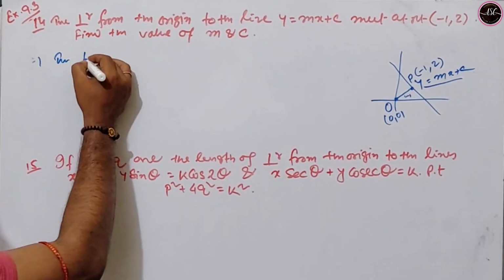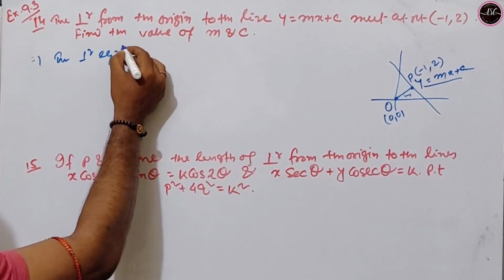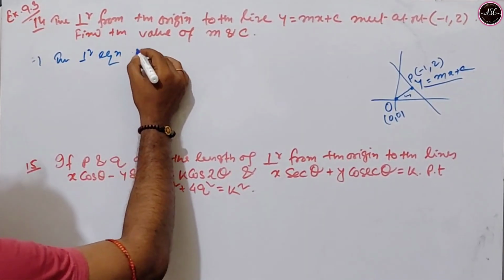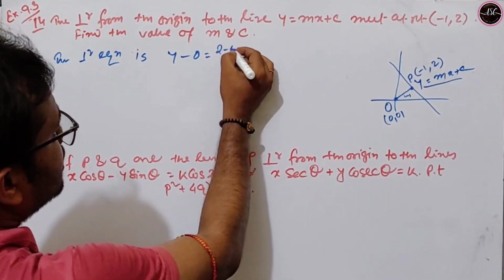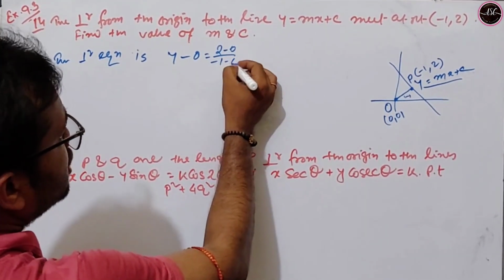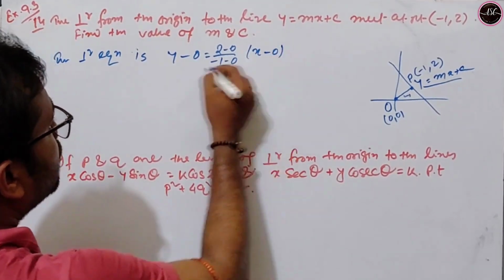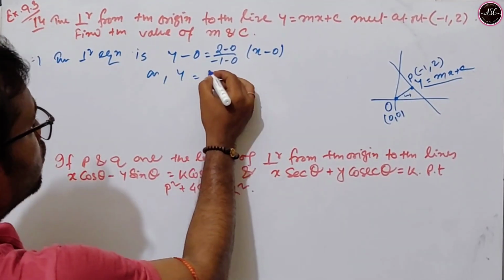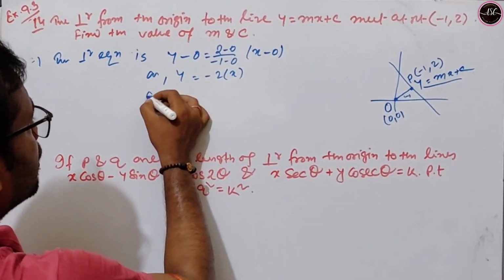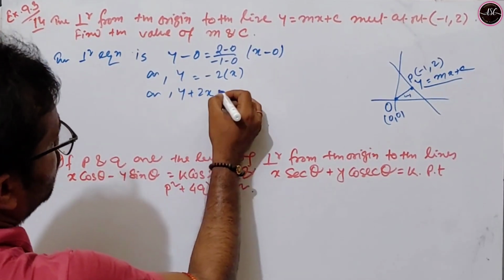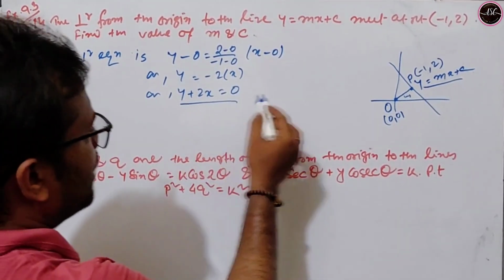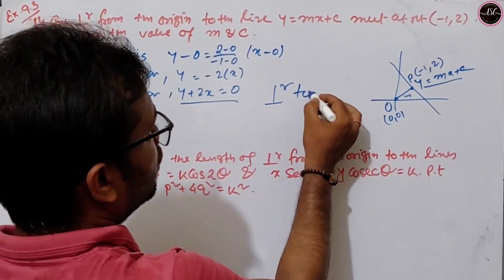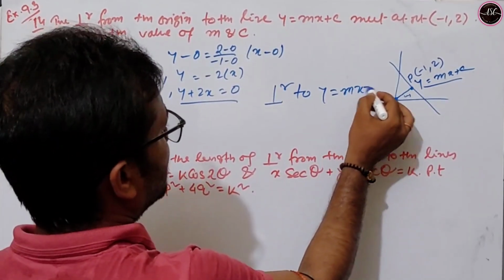So the perpendicular equation is y minus y1 equal to (y2 minus y1) divided by (x2 minus x1) into (x minus x1), that means y minus 0 equal to (2 minus 0) divided by (minus 1 minus 0) into x. Okay, so y equal to minus 2x, or y plus 2x equal to 0. Okay, so this line is perpendicular to y is equal to mx plus c.